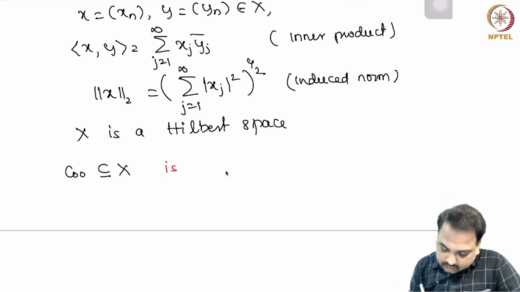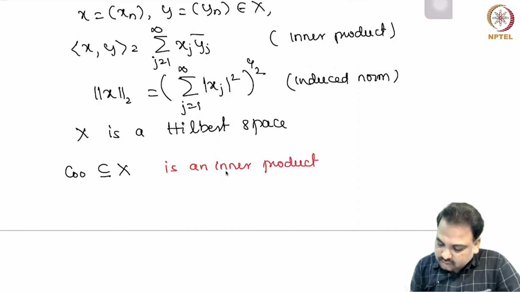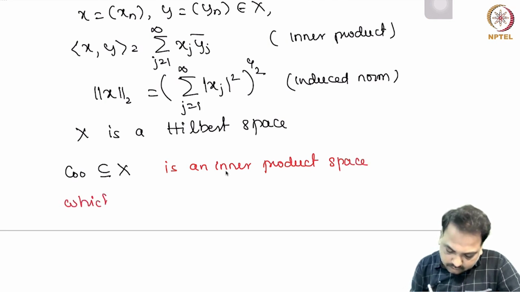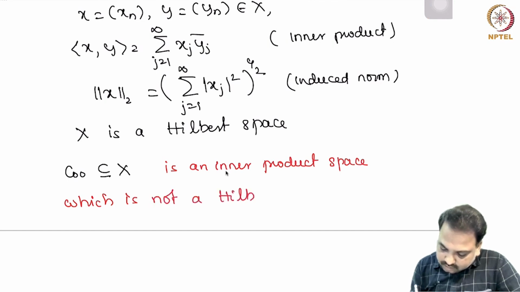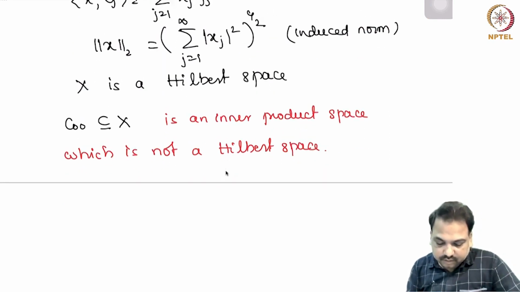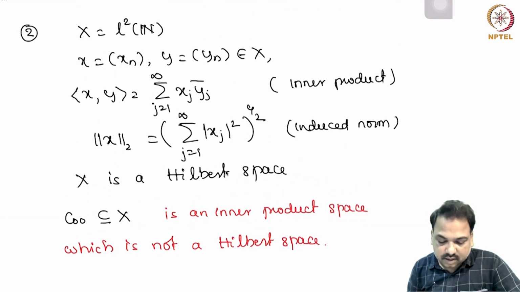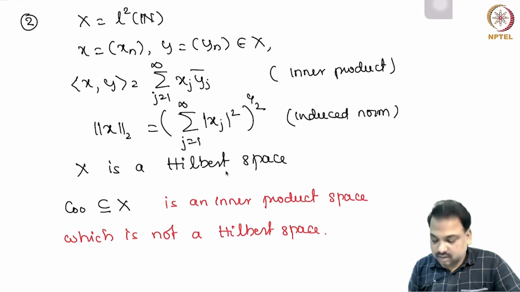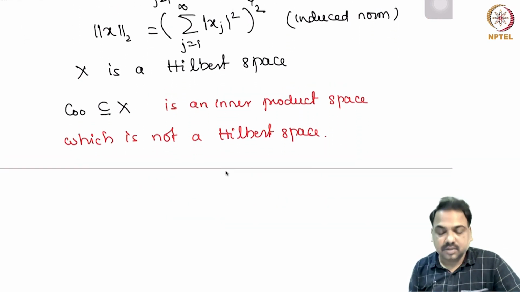So this is an inner product space which is not a Hilbert space. On c00, we have the same inner product as l2 of N. So with respect to that, this is not a Hilbert space.